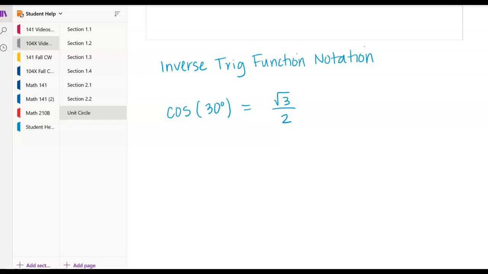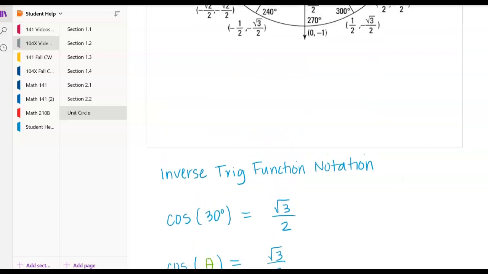But if I want to go in the reverse and I want to say, all right, the cosine of some angle, I don't know what it is, equal to the square root of 3 over 2, I could say that this should be 30 degrees based on looking at what I had above here, right?